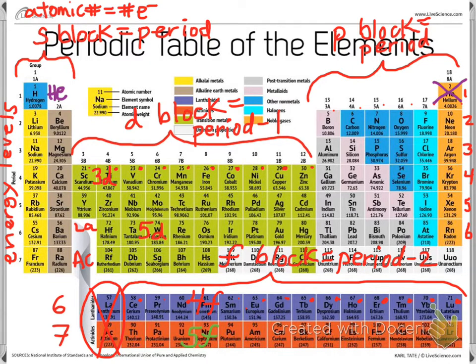Remember on our ChemQuest, it was a big, long list of all of the orbitals in order of energy. I'm saying you don't need to memorize that. We're going to use our periodic table to give us that information.